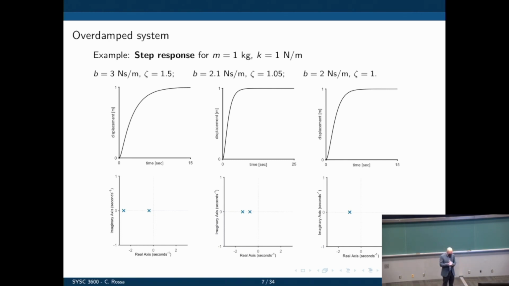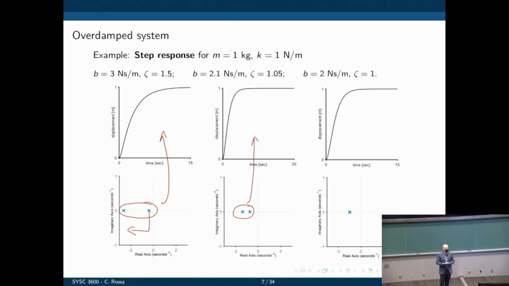First thing to notice is that the poles are distinct real numbers placed on the negative real axis, and the response is an exponential. As I keep decreasing the damping ratio, we see that now the poles are getting closer together, and you see that this pole is getting away from the imaginary axis, which results in a faster system.